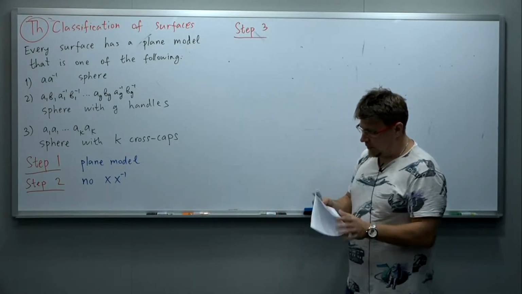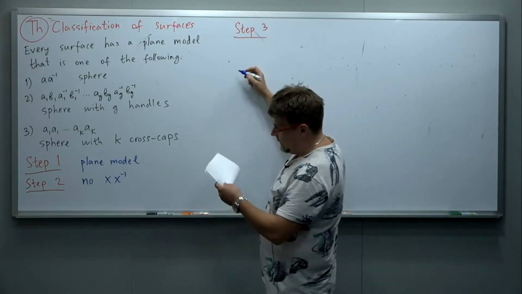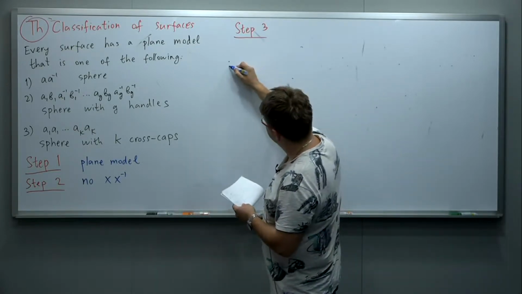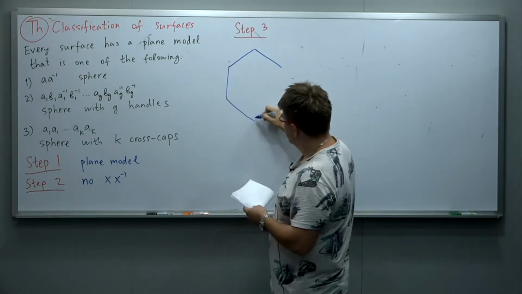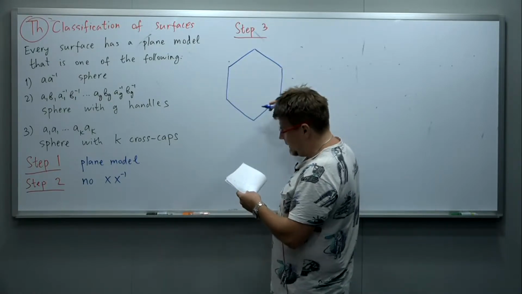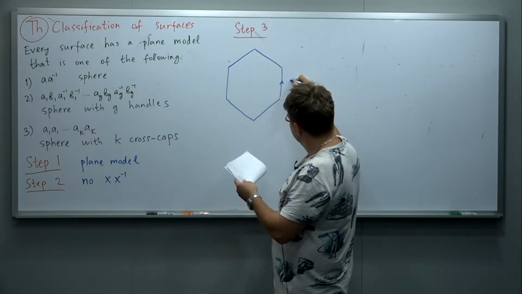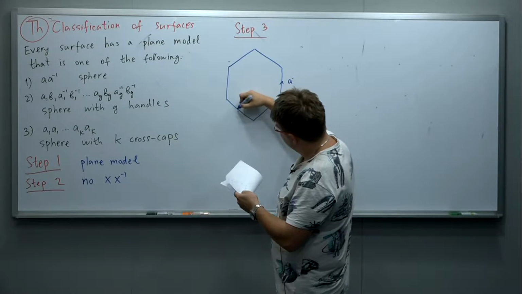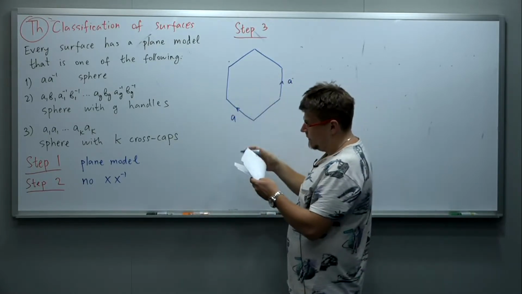Now, maybe I'll explain step 3 on an example. So I'm going to use a plane model with 6 edges, so a hexagon. Here is how it's going to go. This is going to be A, and this is also an A, so they're supposed to be glued like this.